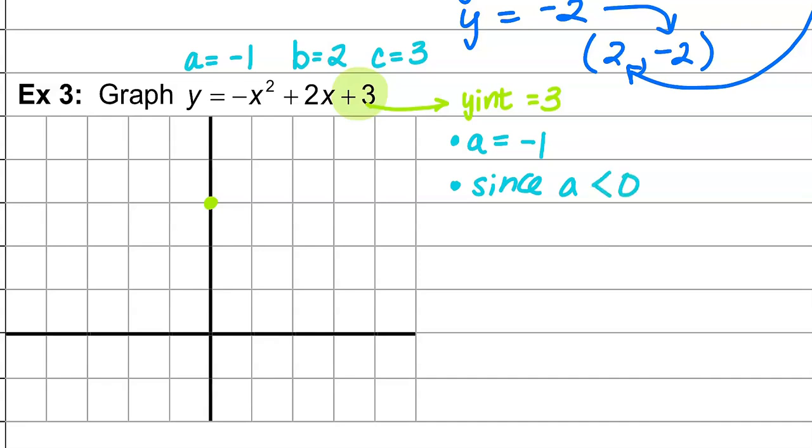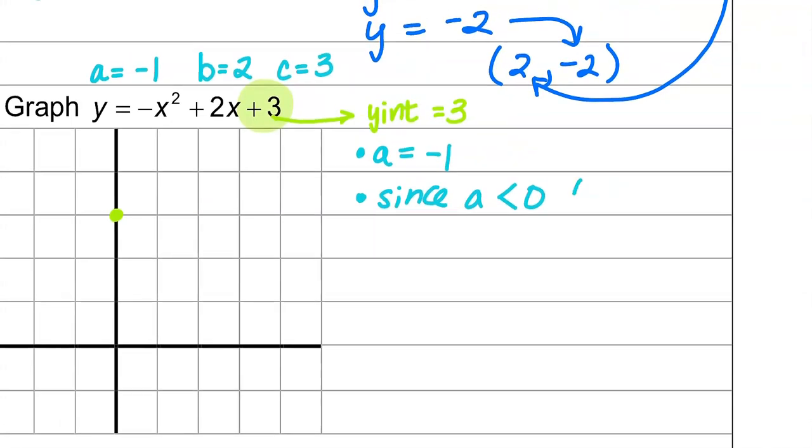What does that tell me? Is it going to turn up or turn down? Because negative things make you frown, right? So the vertex will be the max.